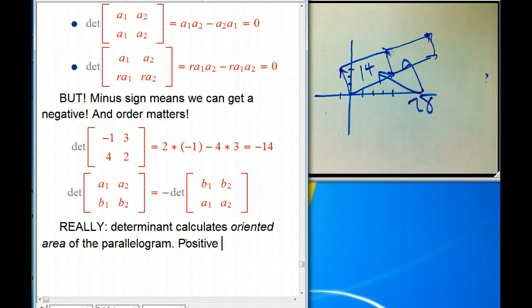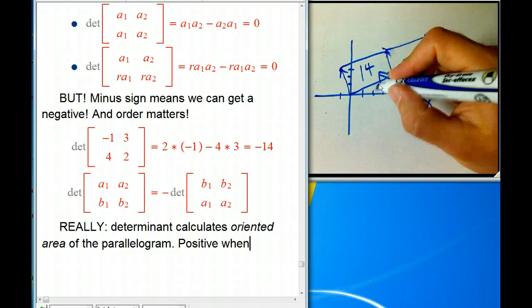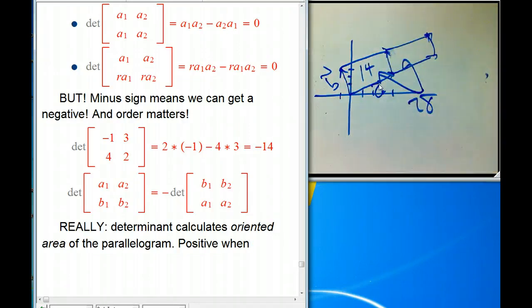This is positive. Let's look at the rule. I'll just tell you the rule, and we can see that in a few examples. It's positive when, if I go from A to B, remember here in the positive example, this was A, this was B. That's kind of an inscrutable A, isn't it? You can sort of see it. It's positive when rotating from A to B is counterclockwise.